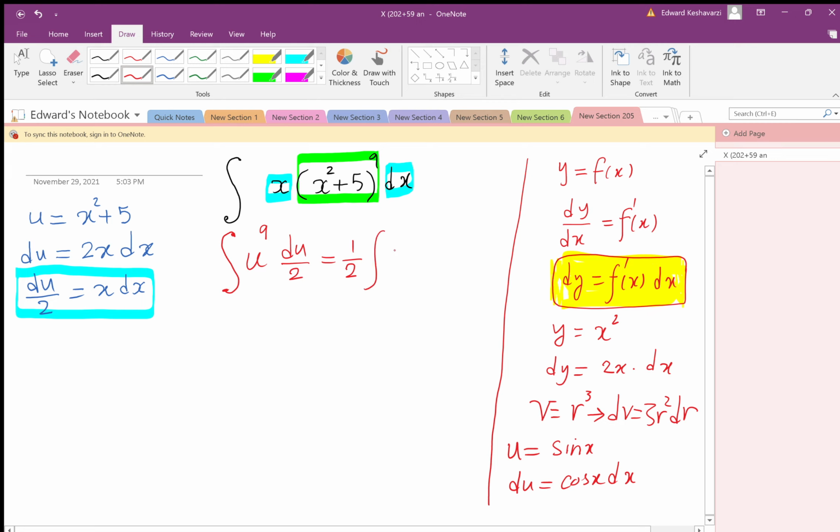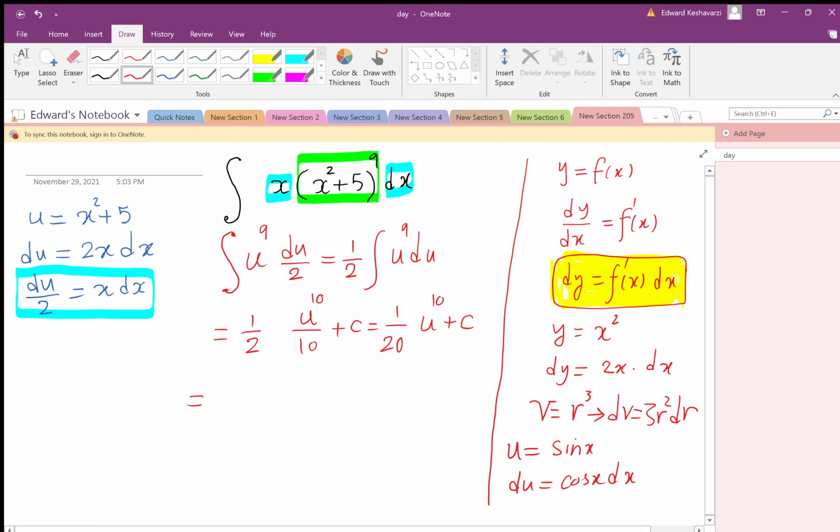Taking 1/2 out of the integral, we will have this. And this is what you know from the table. Very simple, you use the exponent law, which becomes u to the 10 over 10 plus c, or 1 over 20 u to the power of 10 plus c.